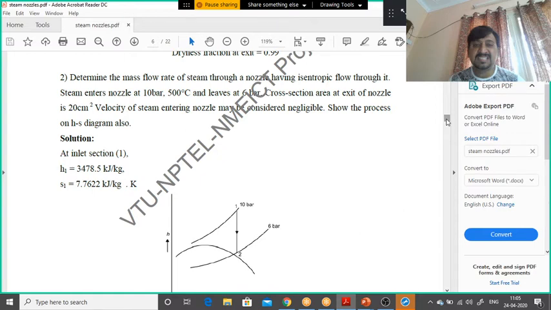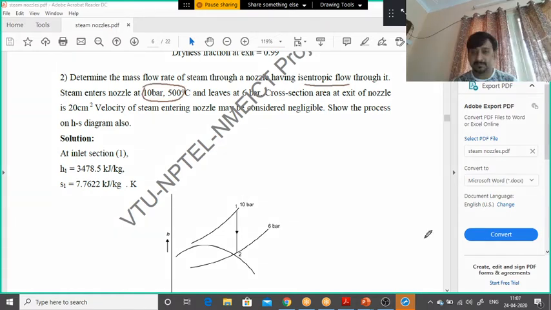So what is the type of flow here? It is isentropic flow. What do you mean by isentropic flow? The entropy remains the same throughout the process. That is what has been shown here.